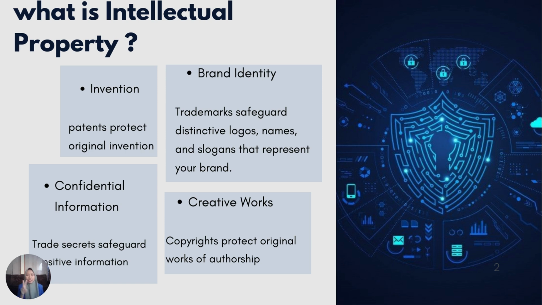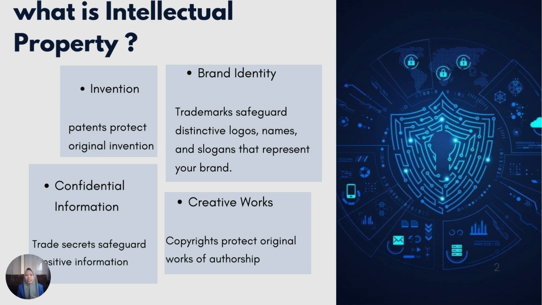And then number two is brand identity. Brand identity is what makes your business stand out, and it includes your logo, your brand name, or even your tagline. For instance, when you see the swoosh logo, you instantly think of Nike, right?